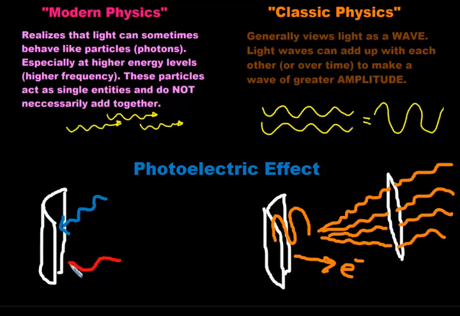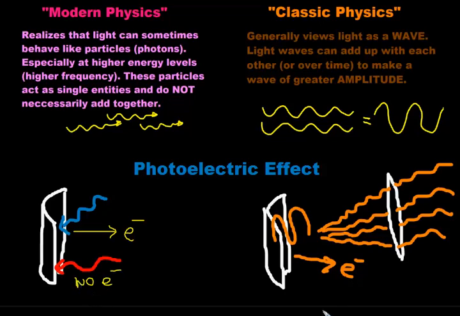Here I'm going to use a red photon and a blue photon. Remember, the red photons have a bigger wavelength, and they actually have less energy. So the blue photon comes in with a large amount of energy, and it can knock an electron off the plate. And when a red photon comes in, it does not have enough energy, so it cannot eject an electron.